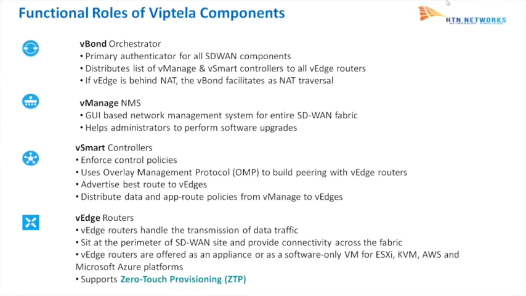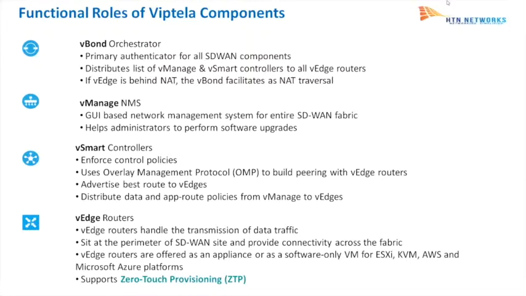The vEdge router, which is the fourth appliance, handles the transmission of data traffic. It sits at each branch office and provides connectivity across the fabric. vEdge routers are offered as an appliance or as a software-only VM.